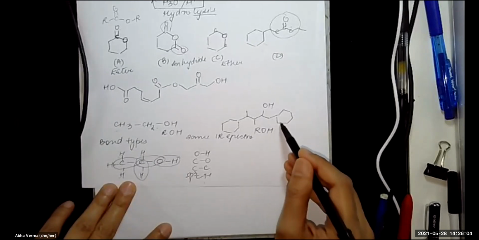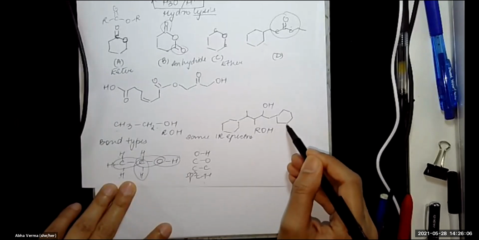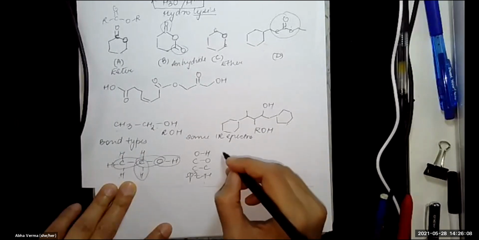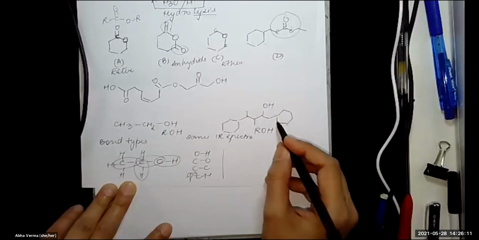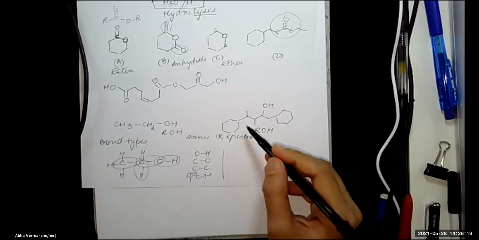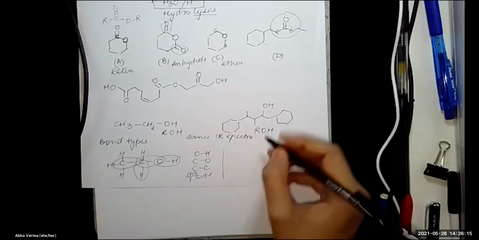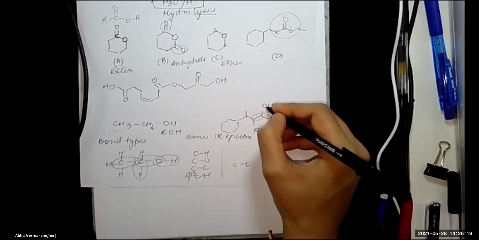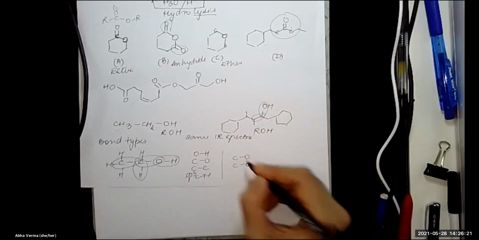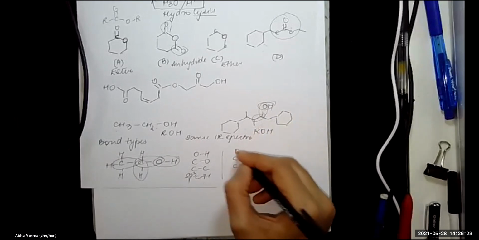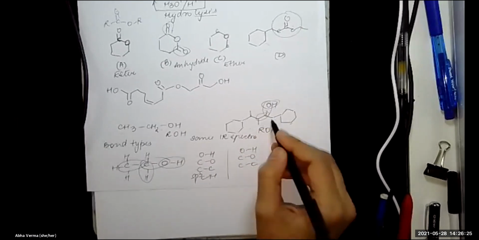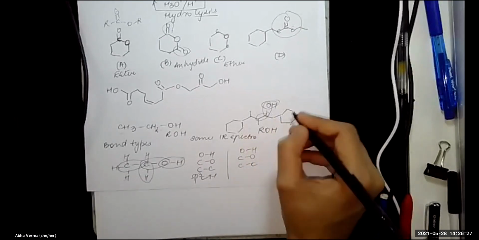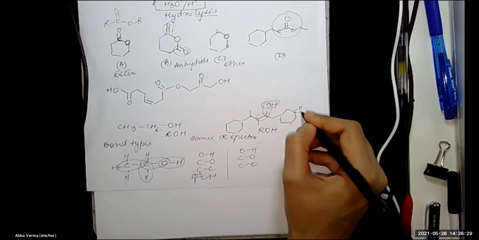If I look at this structure and I want to list my bond types, what are the bond types that I will get from here? I will certainly get my C single bond C. I will also get my C single bond O. I will also get OH. And what else? All of these carbons have hydrogens on them.